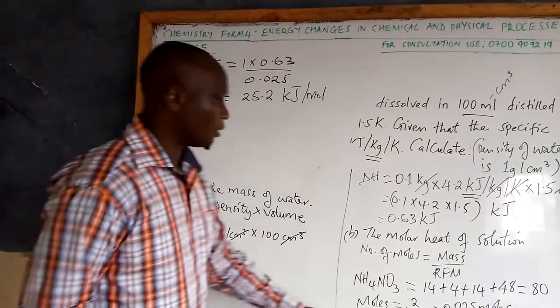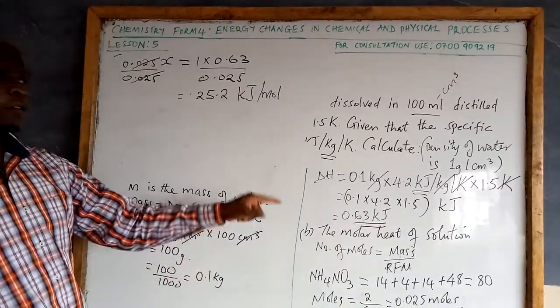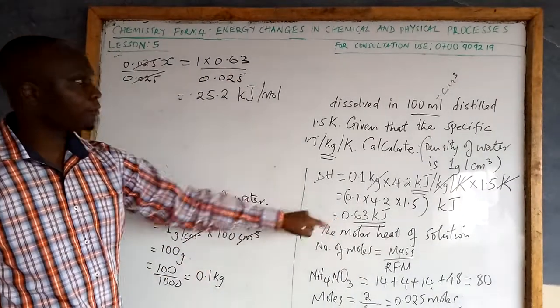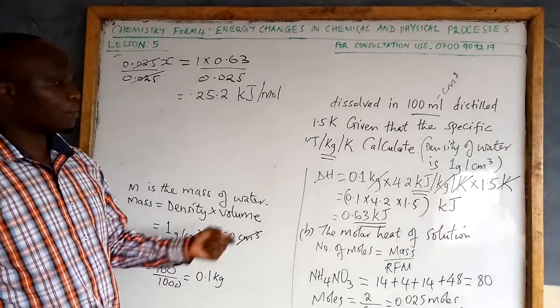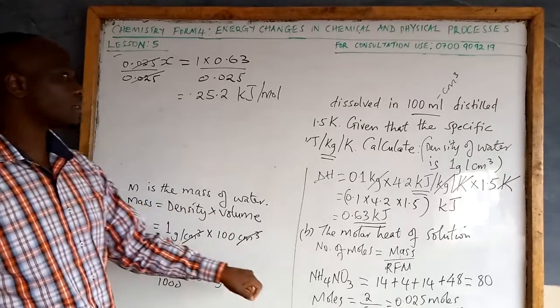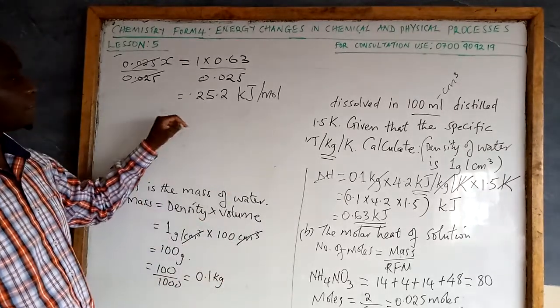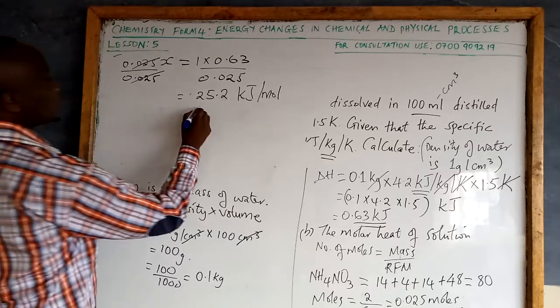But here, this value we did not say per mole, because it was not for 1 mole. This was the value for the 2 grams of ammonium nitrate that was dissolved. But if we dissolve 1 mole, which is equivalent to 80 grams, then that will give us this amount. So this is what we refer to as molar heat.